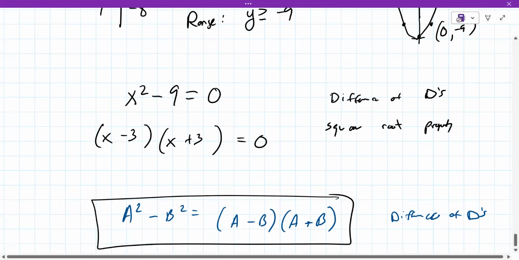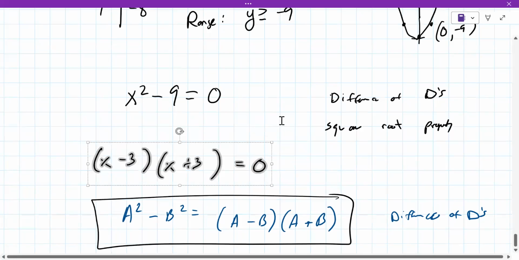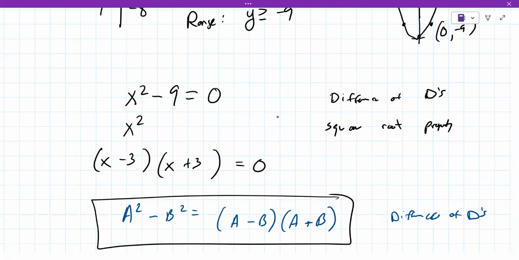All right, so the reason your problem becomes x minus 3 times x plus 3 is because 9 can really be written as 3 squared. And that's where the x minus 3 and the x plus 3 come from.